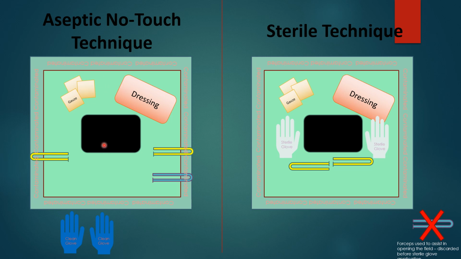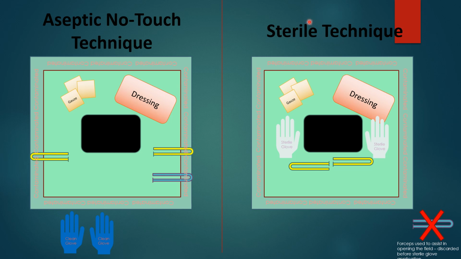But when we let go of those forceps, we do not want to put the unsterile area of that forceps on the sterile part of the dressing tray, or the sterile field. So we want to make sure that we put that tip in the sterile field and out of the sterile field as applicable.